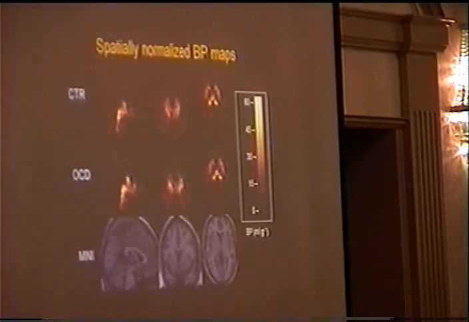Although, again, we do think that there is serotonin transporter in the cortex. We know that. It's just that this compound can't detect it at the low level that it is. This compound can only detect a certain amount of serotonin transporter if it's available. So when we did this voxel-wise analysis, we found no difference between OCD patients and controls in any part of the brain that we looked at.